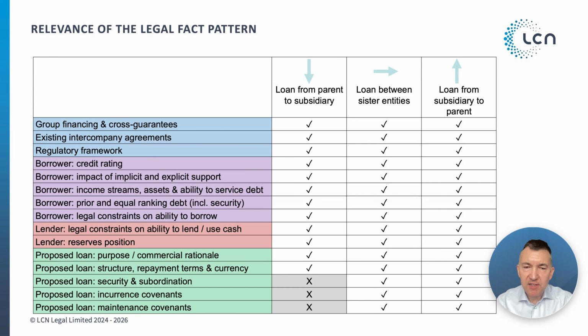Whereas maintenance covenants relate to the maintenance of, for example, financial ratios on the part of the borrower, in other words, to maintain those ratios going forwards. That's an OECD distinction, and that's part of the considerations that, from an OECD transfer pricing perspective, are likely to be less economically relevant from a downstream loan perspective.